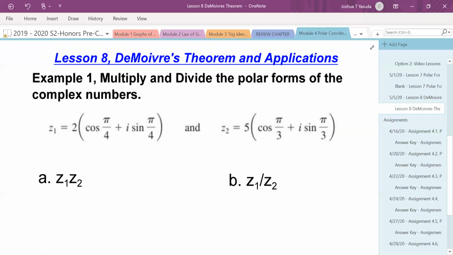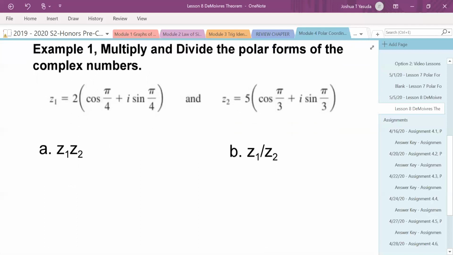All right. So I've got two polar form numbers here. The first one has a radius of 2 and theta is pi fourths, and the second one has a radius of 5 and theta is pi thirds. What we're going to do is in A, multiply them, and in B, divide them. If you think to yourself, what would I even do?